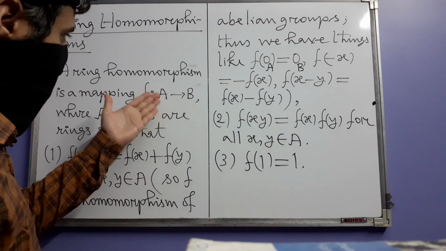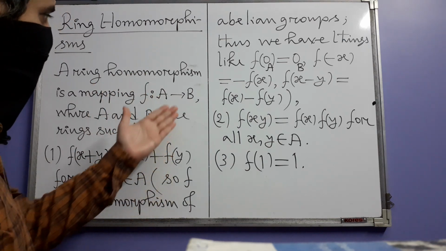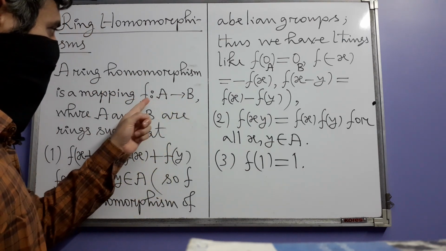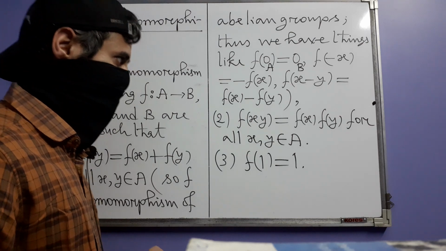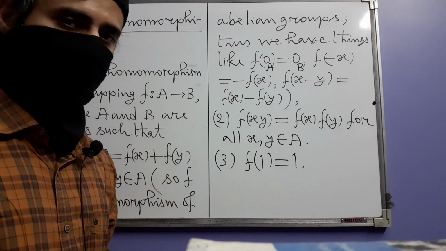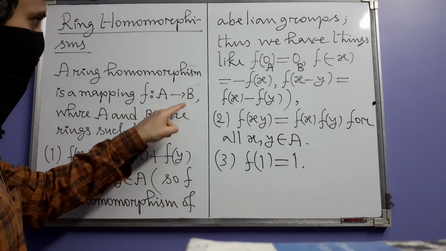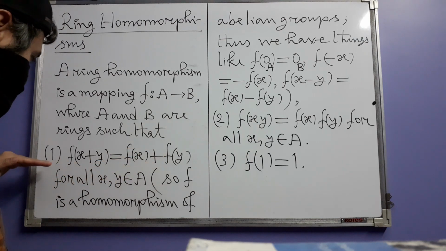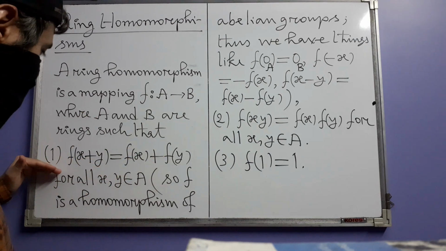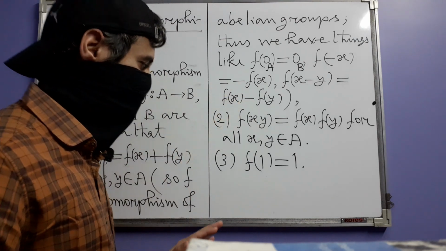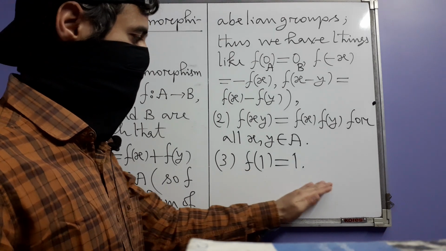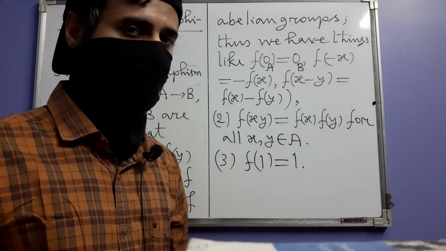Say A is a commutative ring with identity element and so is B. And F is a function from A to B. According to Herstein, F would be called a ring homomorphism if just conditions 1 and 2 are true. He doesn't care whether condition 3 is true or not true.